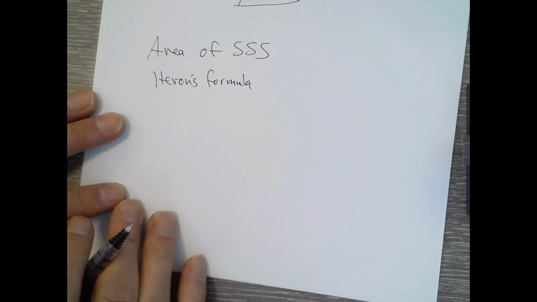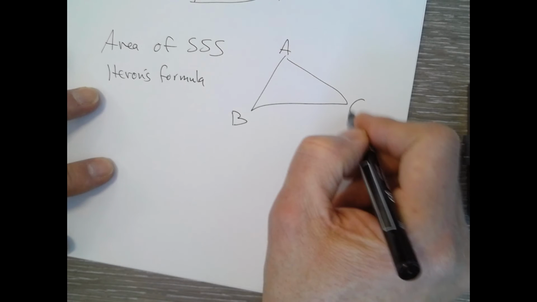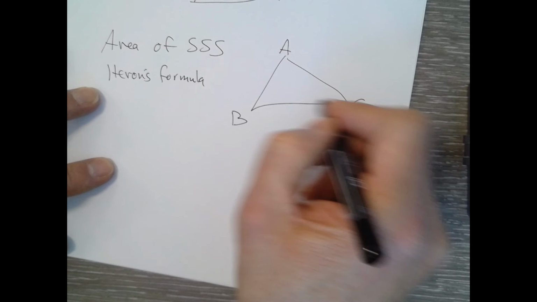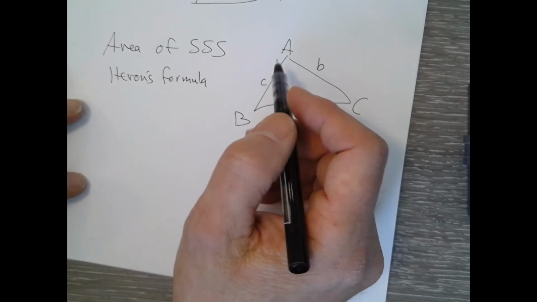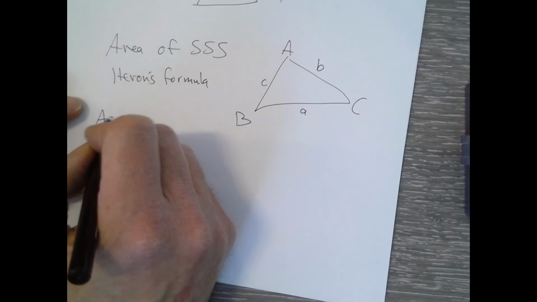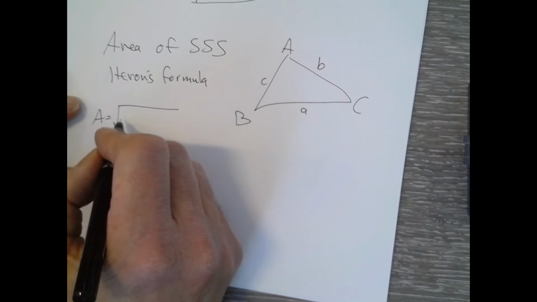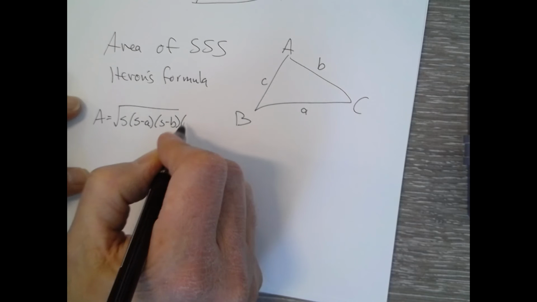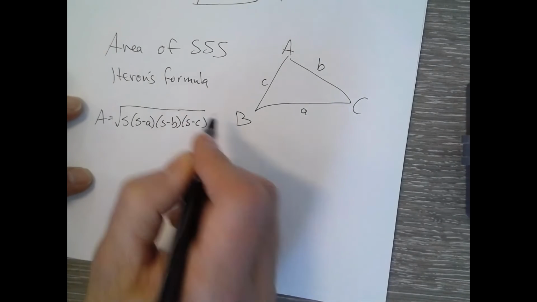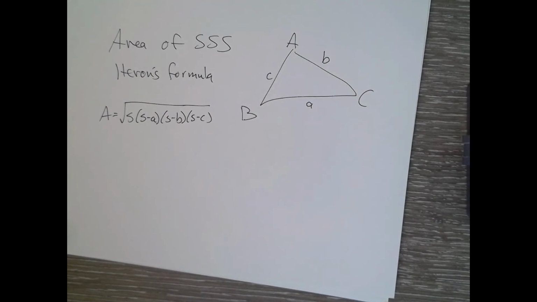All right, so if I have a triangle with sides A, B, and C, and I wanted to figure out the area, the area is the square root of S times S minus A times S minus B times S minus C. All right, what's the obvious question?